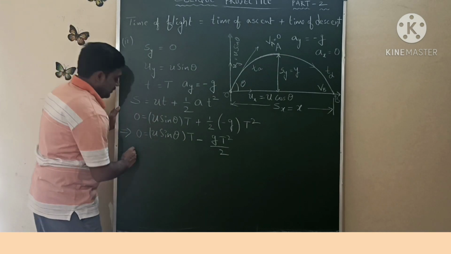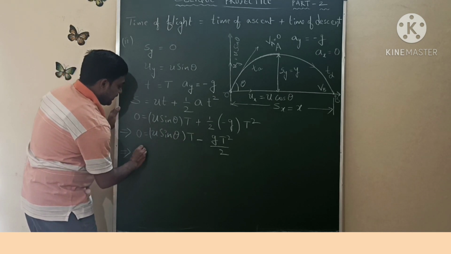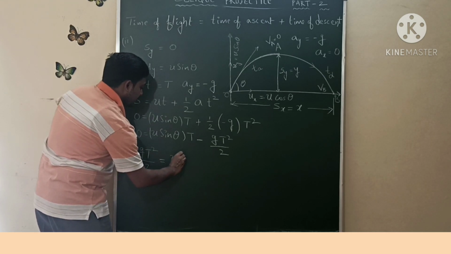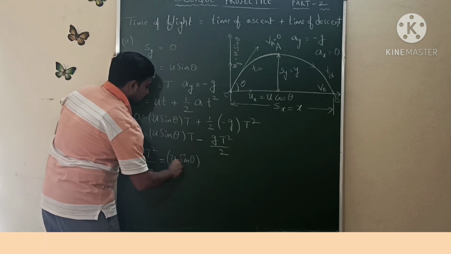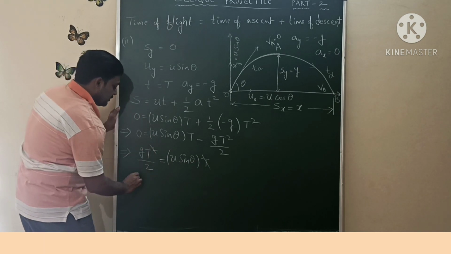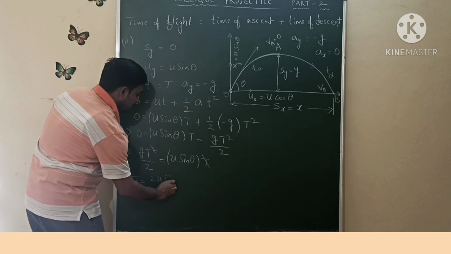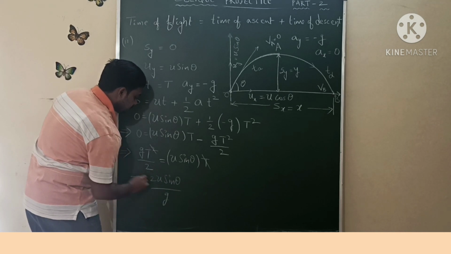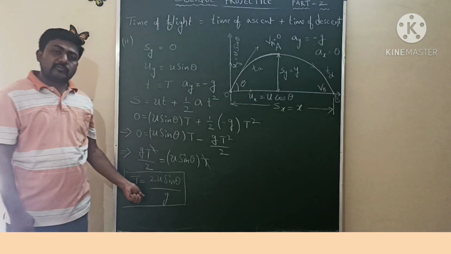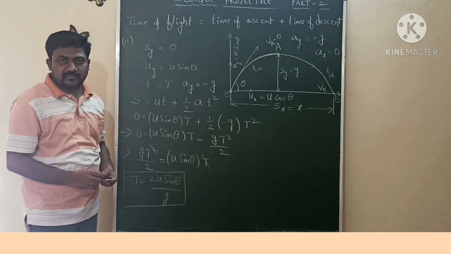Now the negative term, bring this side. g T square by 2 is equal to u sin theta into T. On both sides T cancels. Time of flight T is equal to 2u sin theta by g. So in this way also we can derive the time of flight equation 2u sin theta by g.